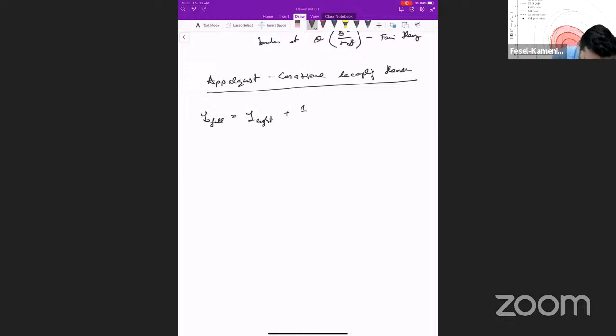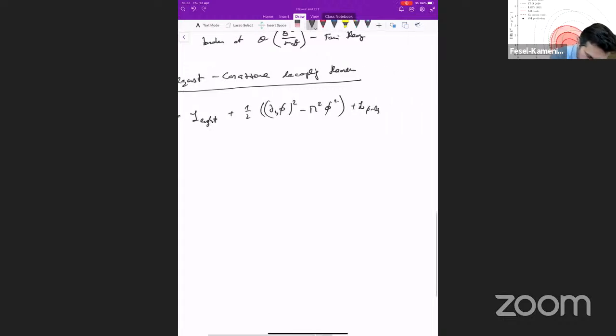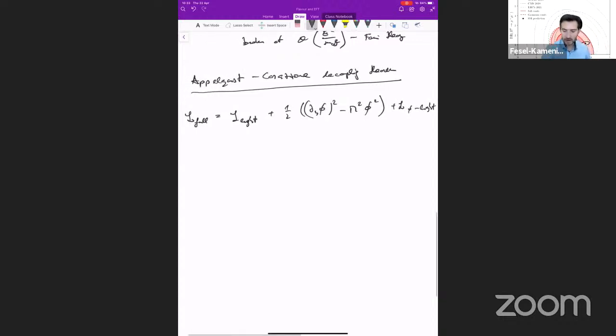Okay, so we have a heavy scalar phi, which has the kinetic term, it has a heavy mass M, and it couples to light degrees of freedom. So we don't even care about the precise form of this coupling.